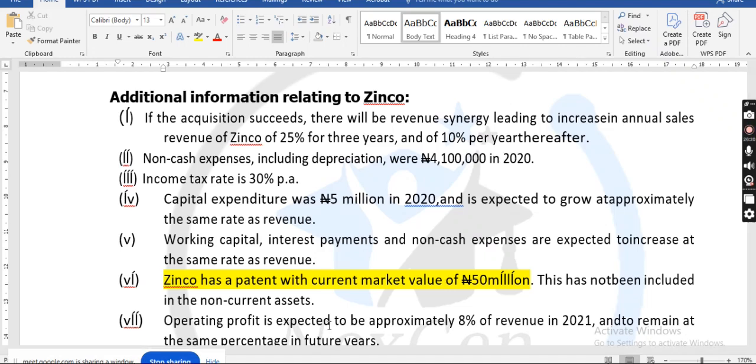We will get to merger and acquisition, whereby the reason why you have to merge is because of revenue synergy or cost synergy, right? There will be revenue synergy leading to an increase in annual sales revenue of Zinco of 25% for the 3 years. So we have to increase the revenue for 3 years.